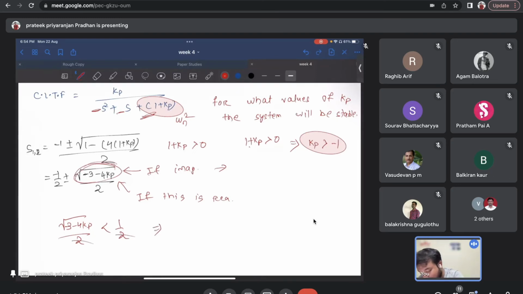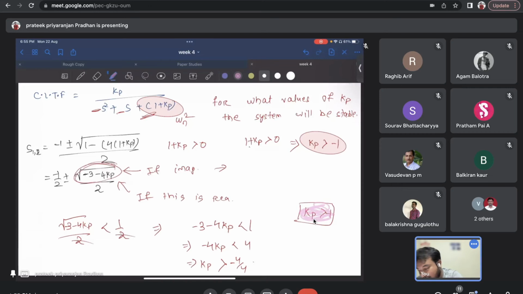I will take the square: minus 3 minus 4 Kp is less than 1. That means minus 4 Kp is less than 4, so Kp is greater than minus 4 by 4, which is minus 1. I got the same answer.